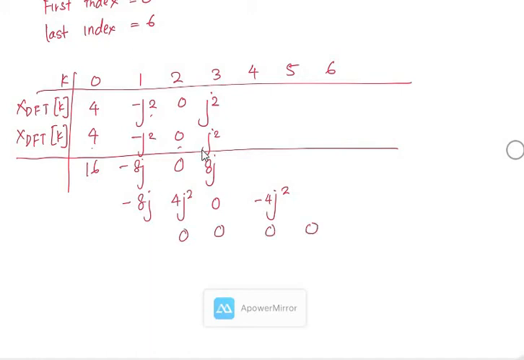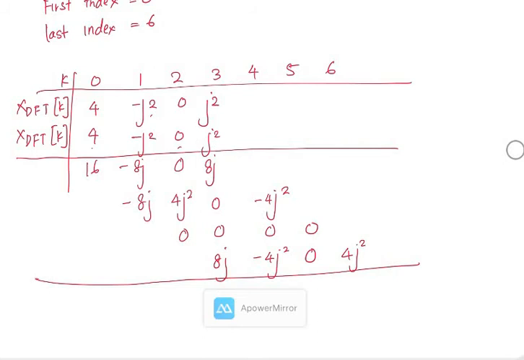And the last one, 2j times 4 you get 8j, 2j times negative 2j you get negative 4j squared, 2j times 0 you get 0, and 2j times 2j you get 4j squared.